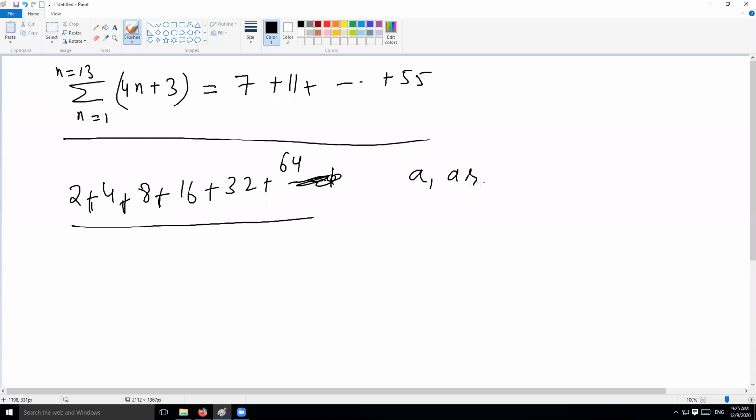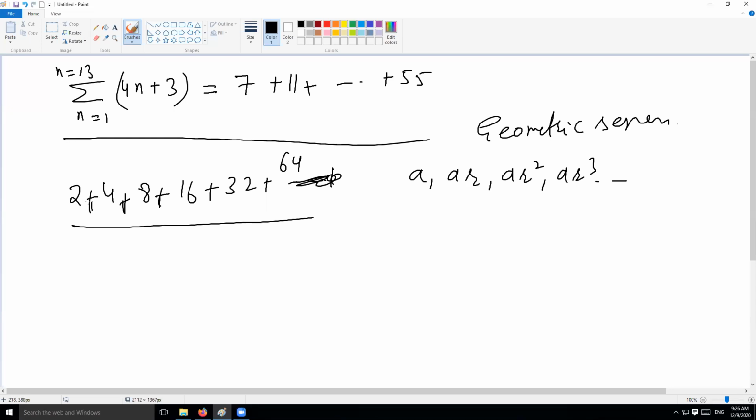Say for example R is multiplied, then R is multiplied with the previous term, AR square, and R is multiplied with the previous term, AR cube, and so on and so forth. This sequence is called the geometric sequence. So you have a 2 and the 2 is multiplied with 2. So what are you going to get?